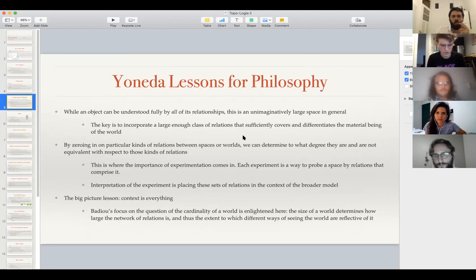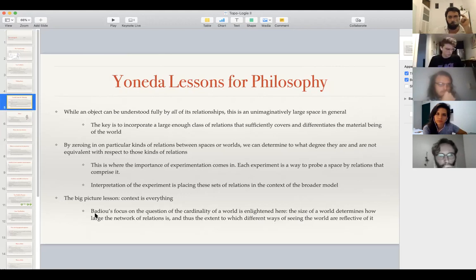But this global consistency is also very important, and that is basically making sure that these relationships aren't fighting each other to a degree. So I think it's in Badiou and it's taken into account, so it's good to keep in mind. And the big picture lesson, very cliche, but context is everything.